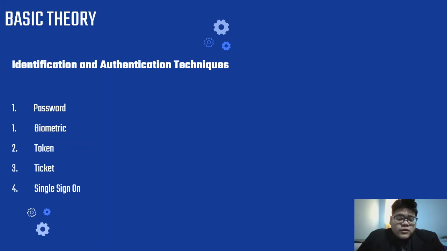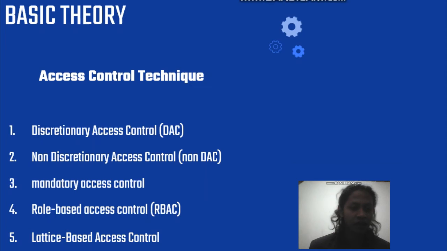Single sign-on or SSO is a mechanism that allows a subject to be authenticated only once. DAC, or discretionary access control, is a system that uses access control with this technique, letting the owner control the subject's access to the object.